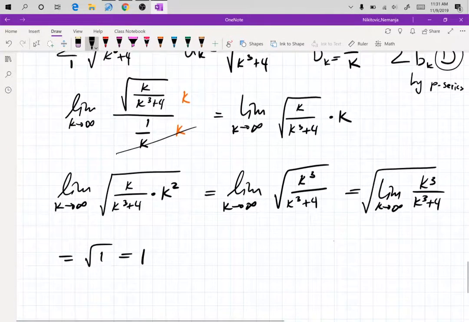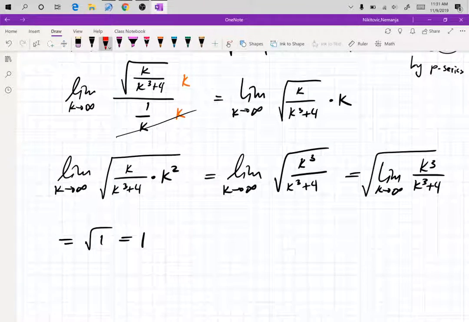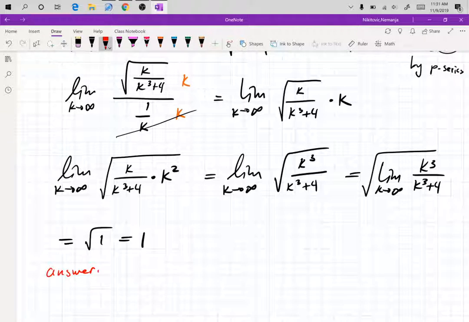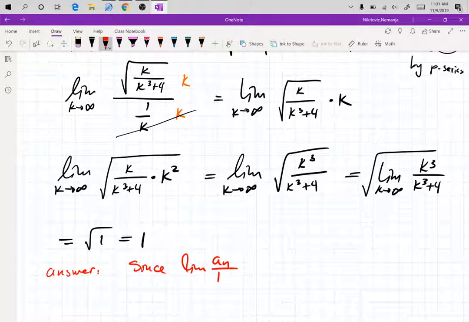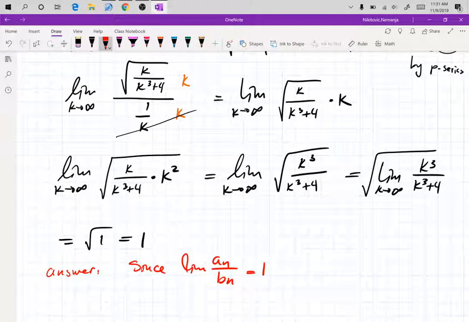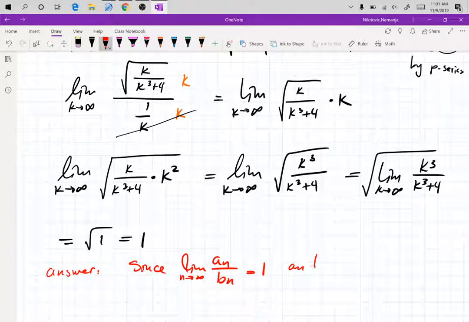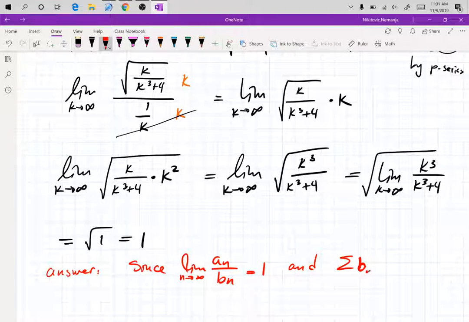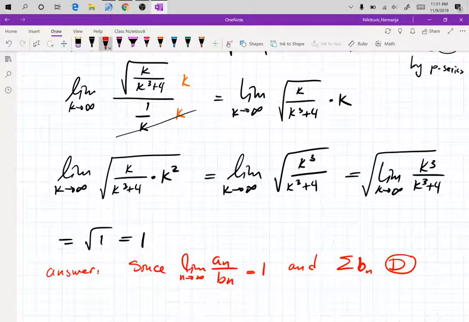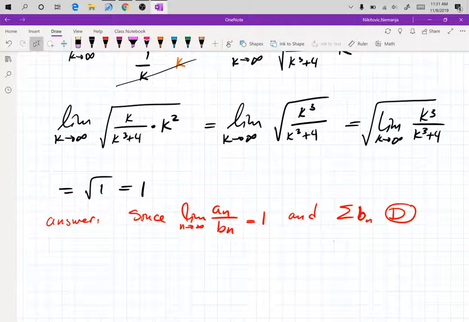So we have a finite limit, and the theorem says, since the limit of an over bn is equal to 1, in this case, or finite, and goes to infinity. Oh, the problem is in k, I'm using n's, whatever. And the summation of bn diverges, because we said that was the harmonic series.